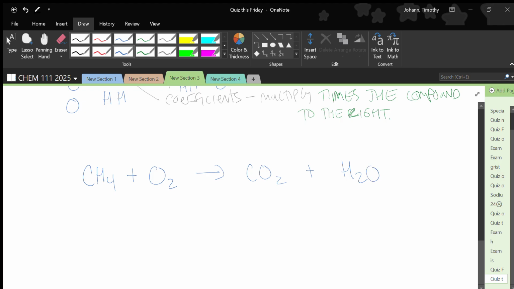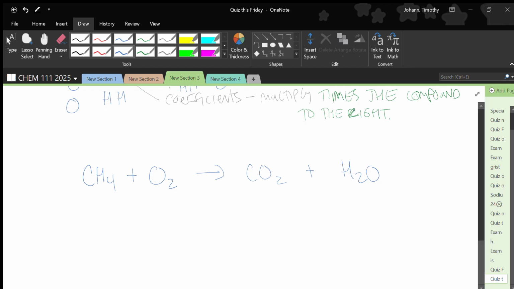Now I need to make sure that I have the same number of atoms on each side of this equation. And so the way I do this, your book kind of has that just pick an atom and do it, and pick an atom and do it. And they kind of start with oxygen. And I would not start with oxygen usually, okay? It's not a hard and fast rule, but oxygen is usually present in multiple atoms or multiple molecules on each side, and it just makes it harder.